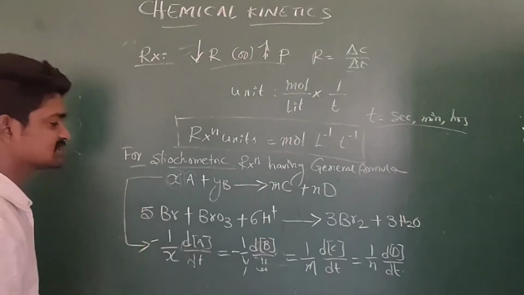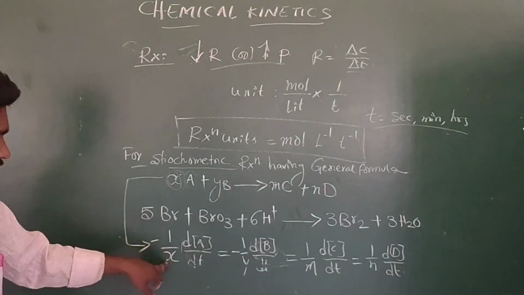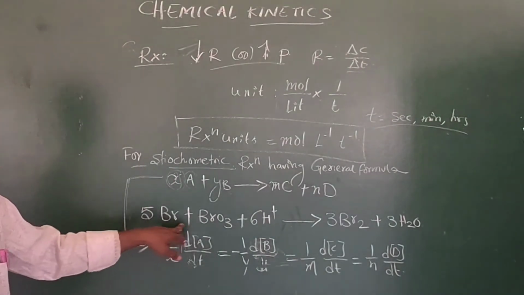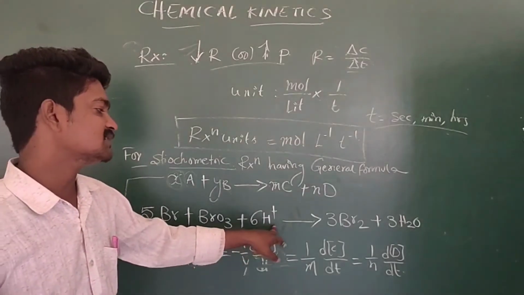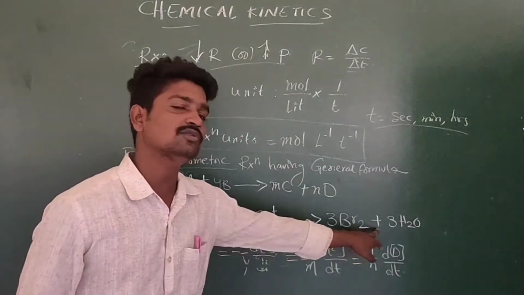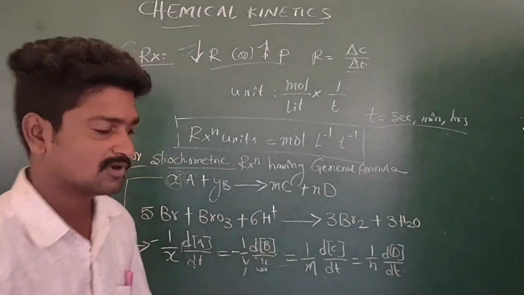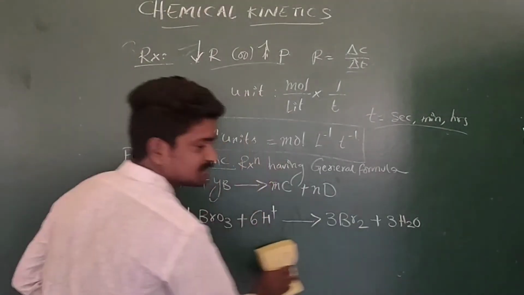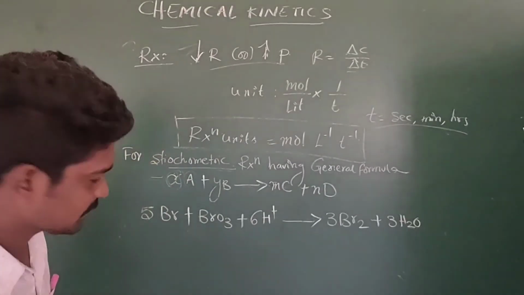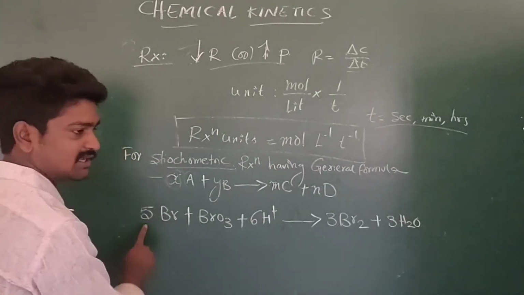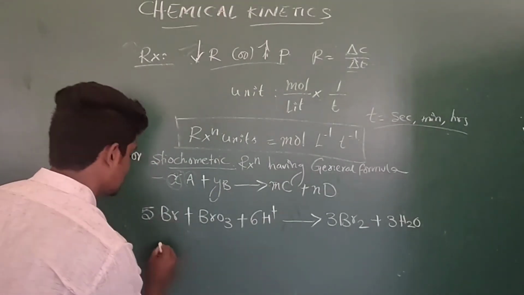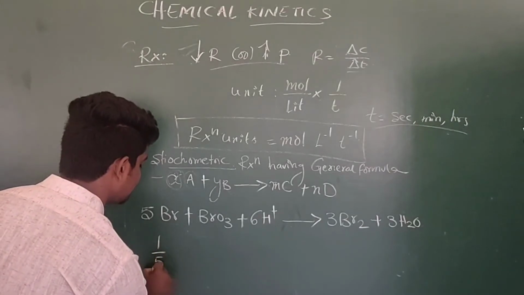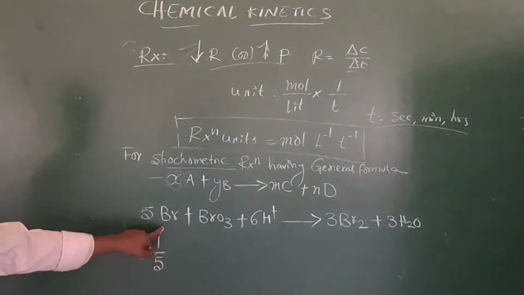So like this, we have to write 5Br⁻ plus BrO3⁻ plus 6H⁺ gives rise to 3Br2 plus 3H2O. See, 5 is the coefficient of bromide, so we write minus 1 by 5, with a negative value since it is on the reactant side.